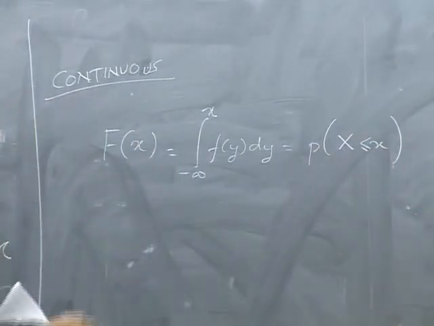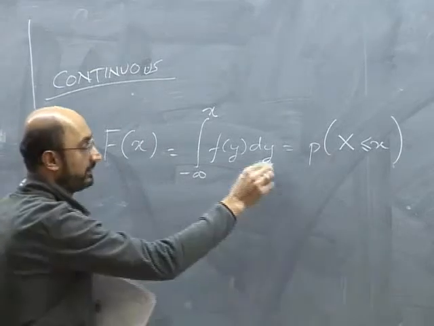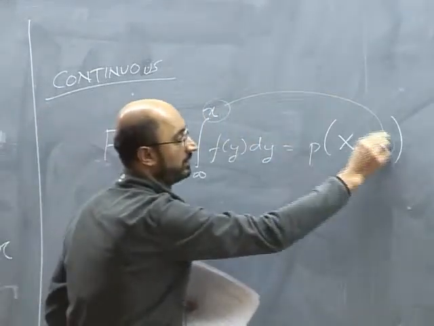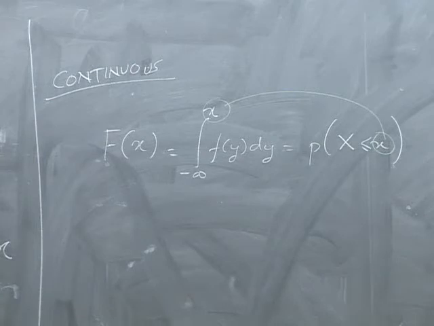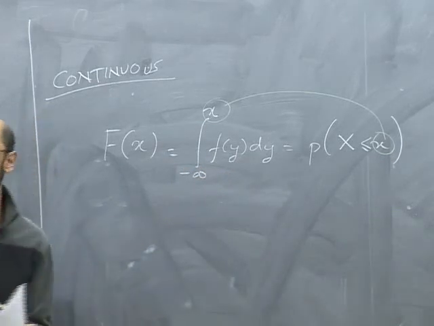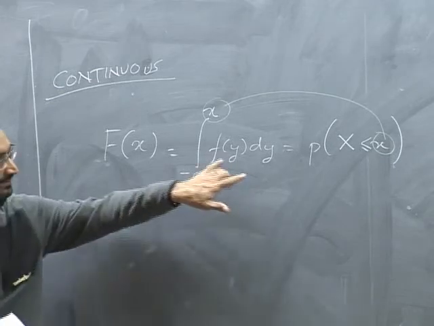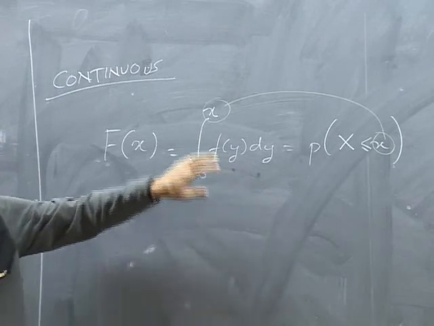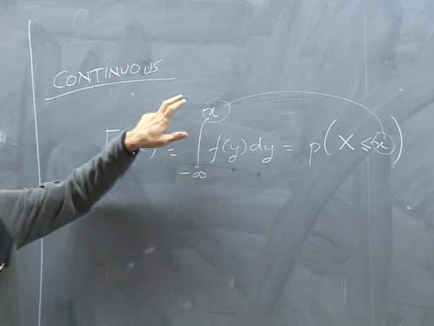So the x over here is not the integration variable, but it's this guy over here. In many textbooks, just to make life fun, they actually use the integral from minus infinity to x of f(x) dx, where you're supposed to know that this dx is just a temporary variable, and that's the x we really care about. Okay.